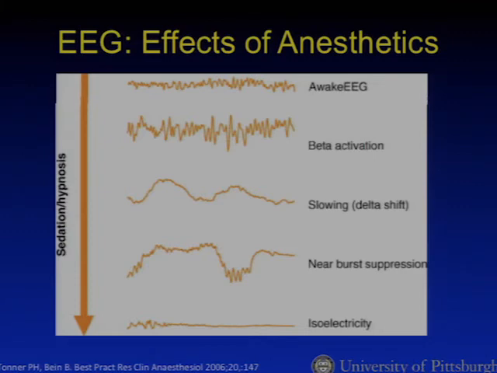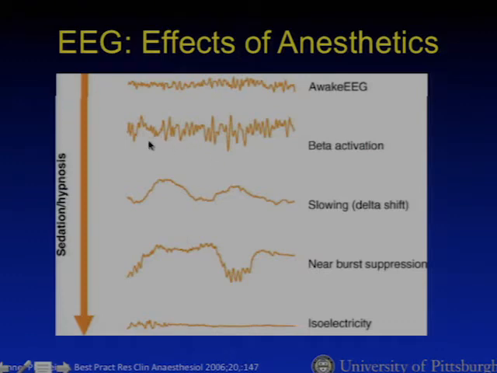Anesthetics also produce a stereotypical pattern of EEG changes, and you see how the awake EEG consists mostly of higher frequency alpha and beta waves that change with the addition of anesthetic agents. You see an overall increase in amplitude as the EEG is synchronized in the sort of 8 to 10 hertz range, and then that subsequently decreases with anesthetic depth.